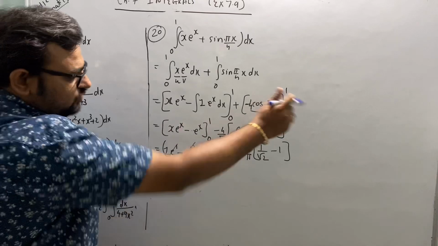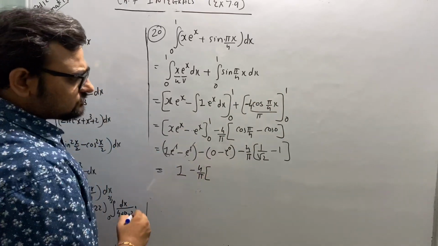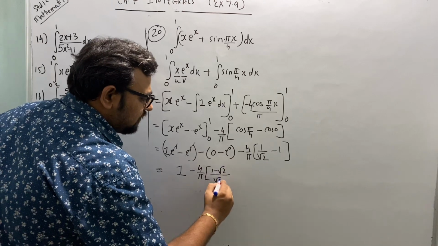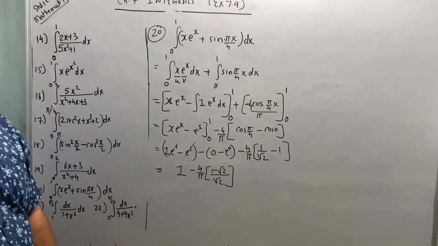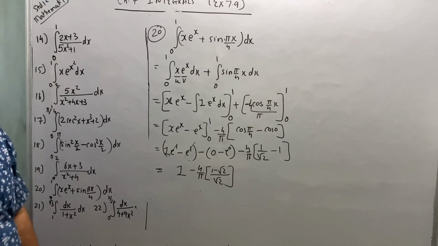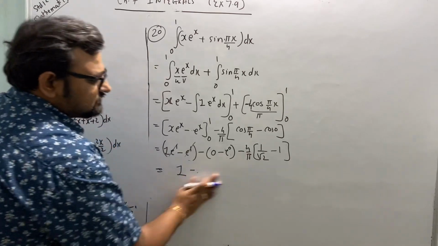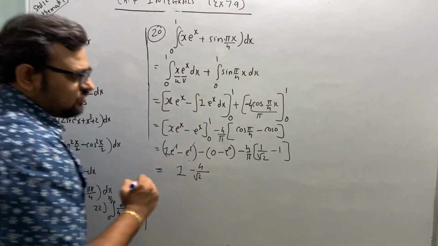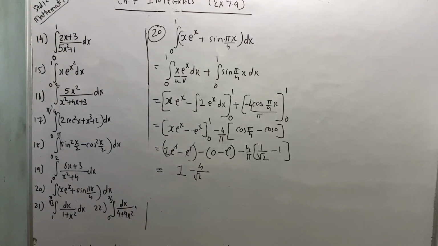So what I can do, I can take the LCM, 1 minus root 2 upon root 2. Clear? Okay, so 1 minus 4 by pi into 1 minus root 2 upon root 2. Clear? Or else I can multiply it. Minus 4 by root 2. Okay, let me check the rearrangement.